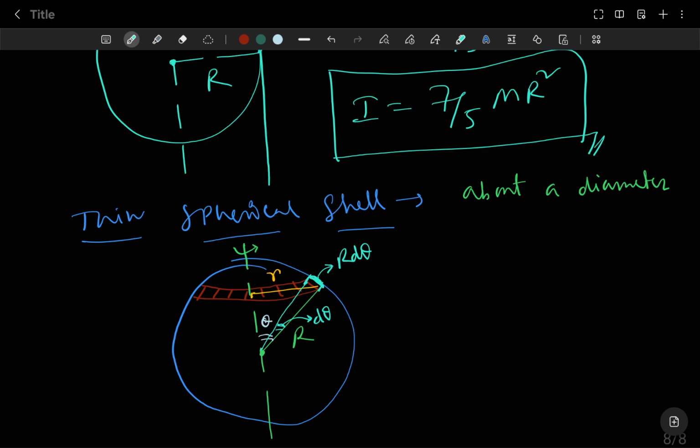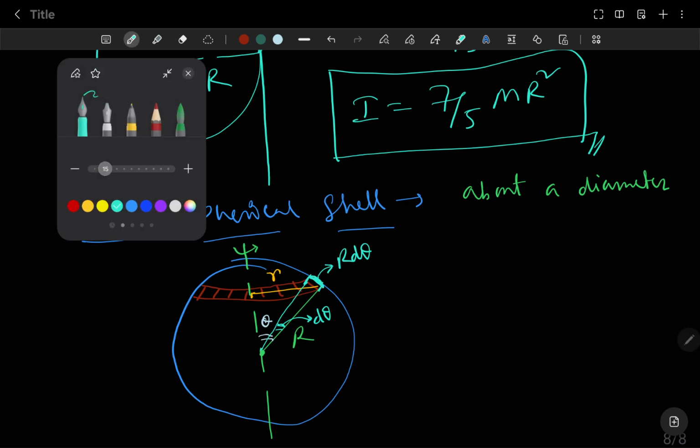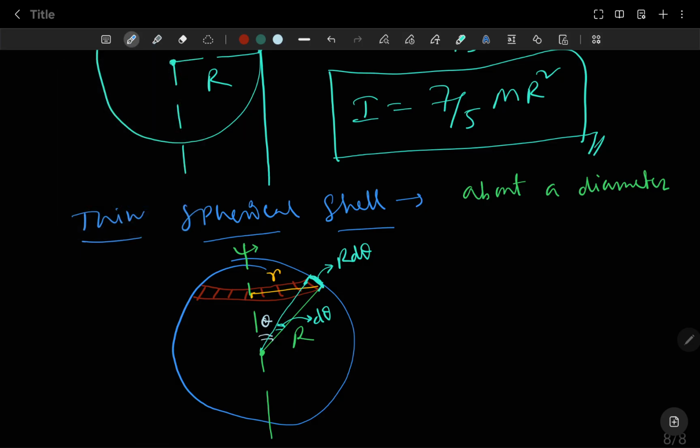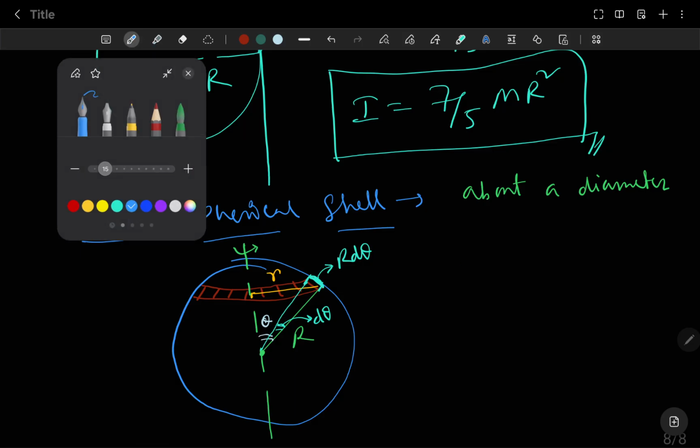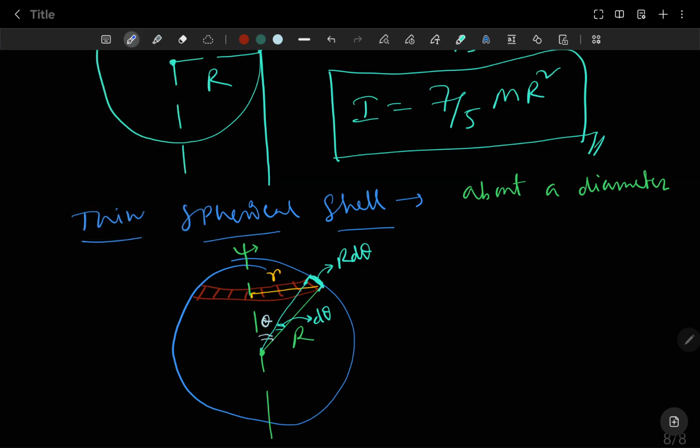Say mass per unit area is sigma. So what is the mass of this ring, this strip?